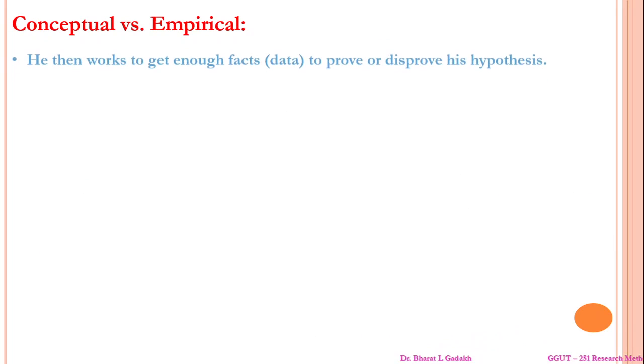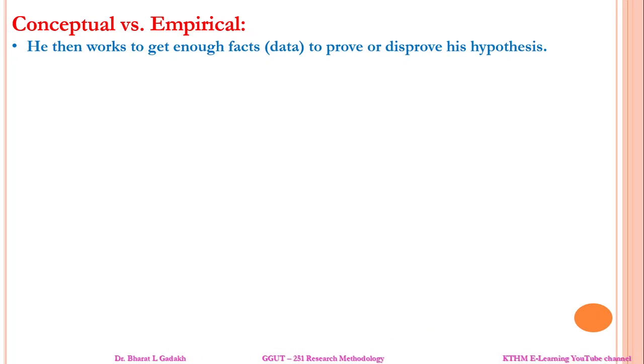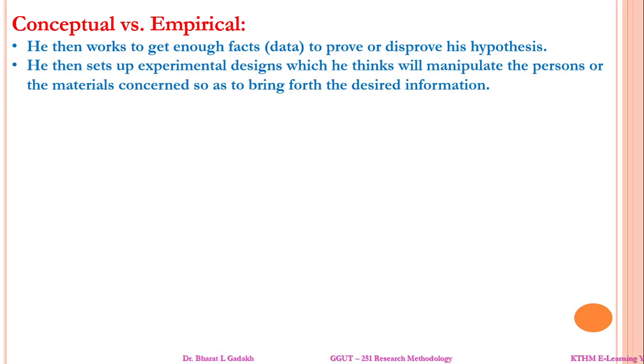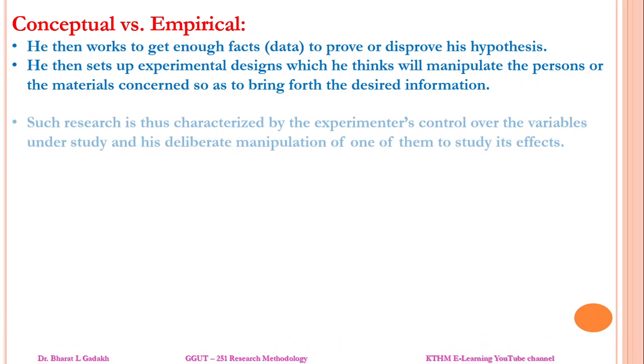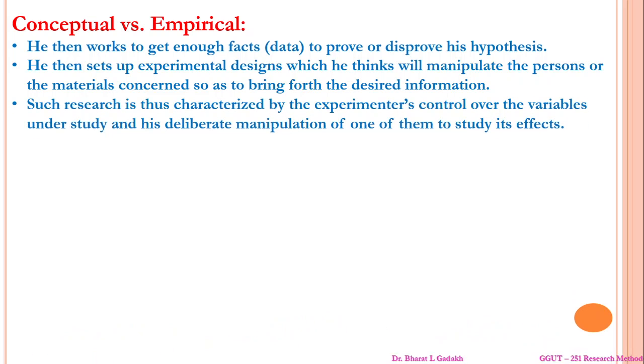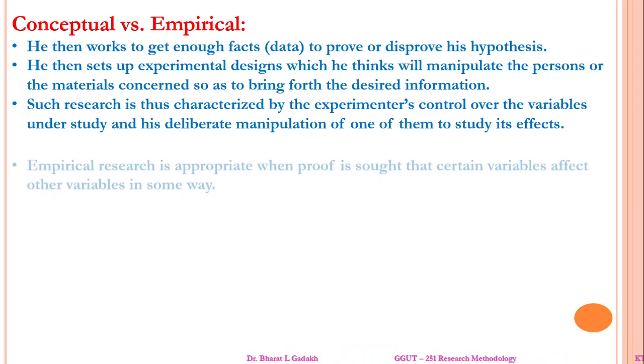Now, in order to get enough facts to prove or disprove his hypothesis, he sets up an experimental design which he thinks will manipulate the persons or material concerned so as to bring forth the desired information.